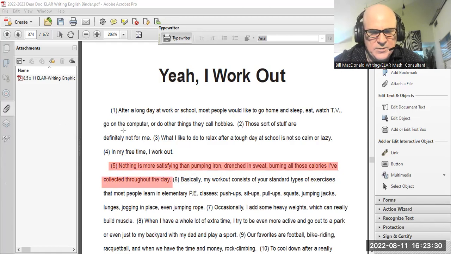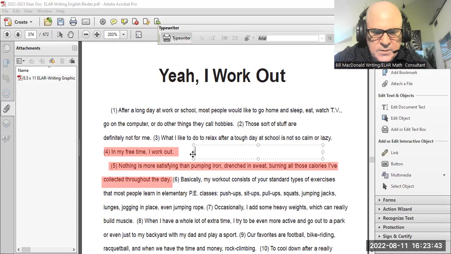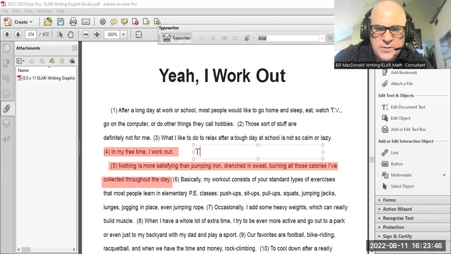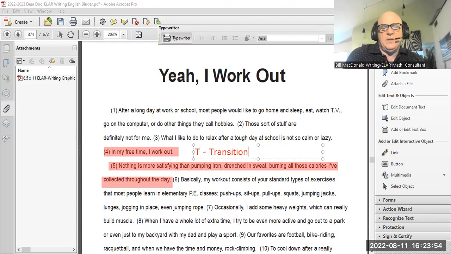And what I said to do was, sometimes the best way to know how to transition is find out what your last sentence was on the previous paragraph, so that when you do the teeter-totter, the T-chart, the transition, you check and see how do you move from something that you do or like to do to an opinion.